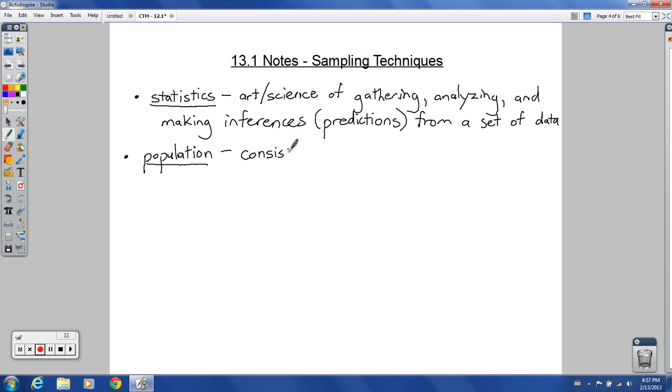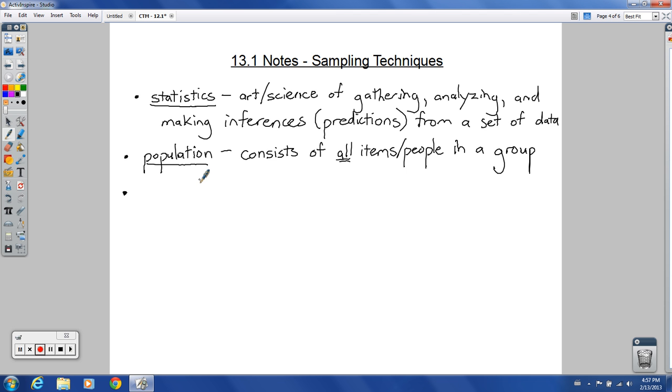But a population consists of all items, or sometimes people is often what the items are, so I'll say items / people in a group. So your population might be the population of the United States of America. It might be the population of our class. It might be a population of our school, something like that.